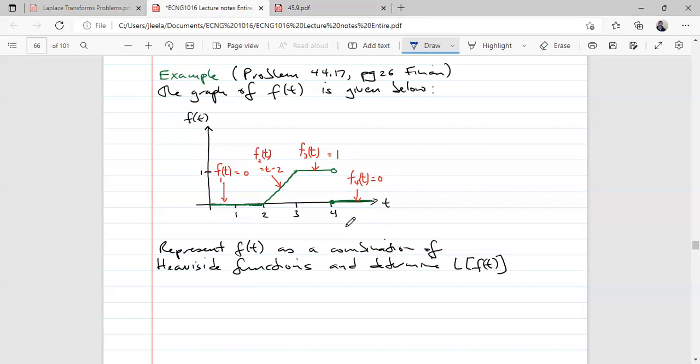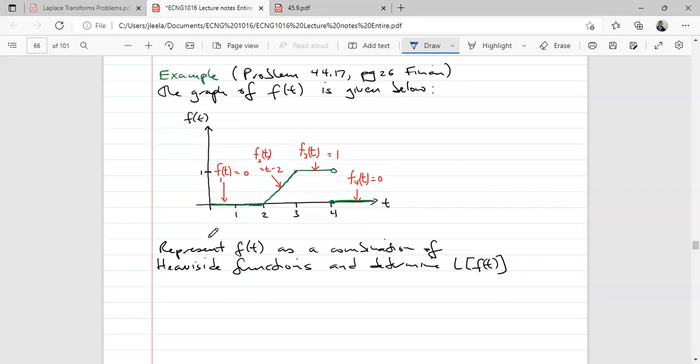So the first part of the graph is on the t-axis, so that means the first function we define to be 0. Then the second function has a positive slope, right? It starts at 2 and it ends at 3.